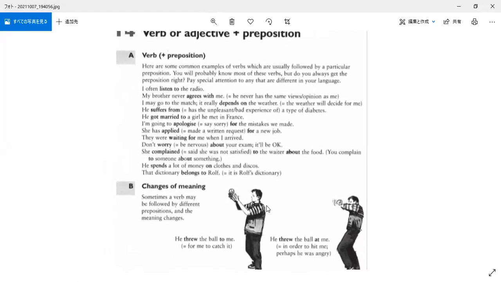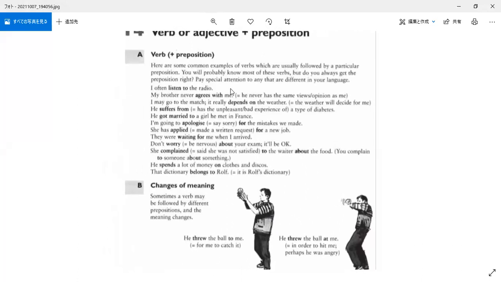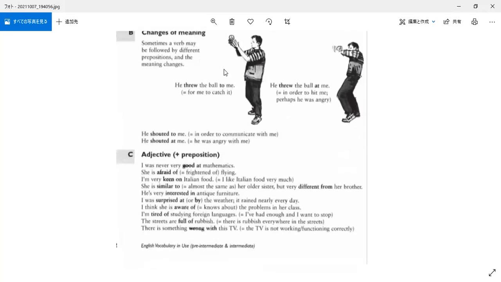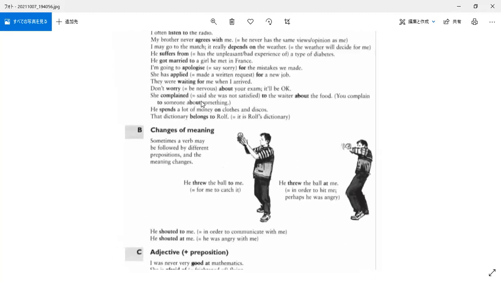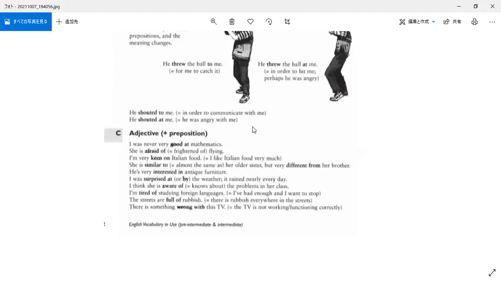So verb also can be added with preposition. As you can see, listen to, agree with, depends on, suffer from, got married to, apologize for, apply for, waiting for, worry about, complain to or complain about, belongs to, spend on. So on, about, for, with, from, all of them are prepositions. Okay.